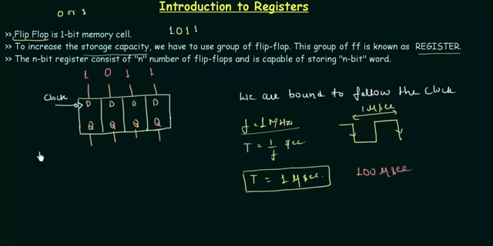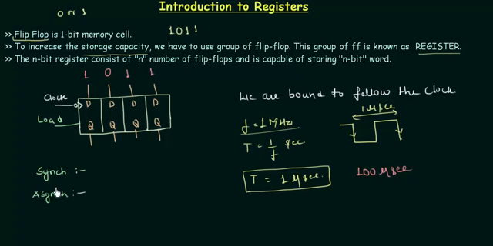And this independent control we call as load. Okay, and this load is of two types. The first one is the synchronous load, and the second one is obviously asynchronous load.